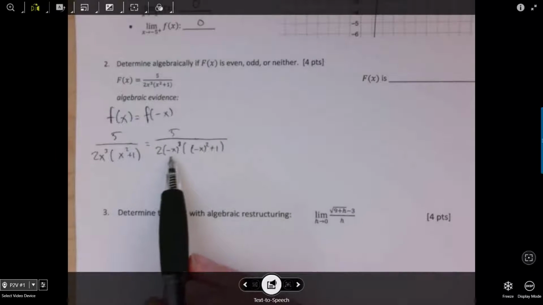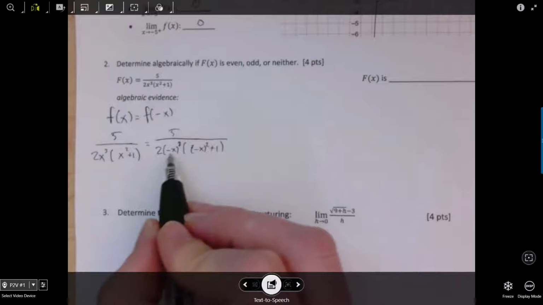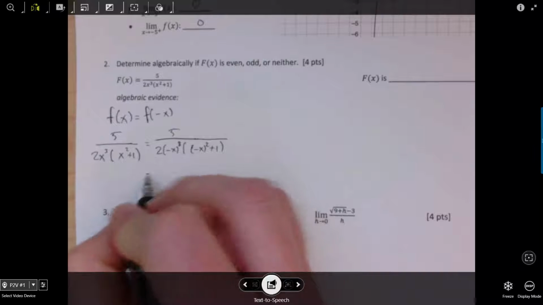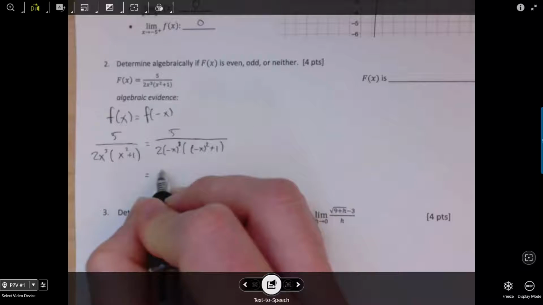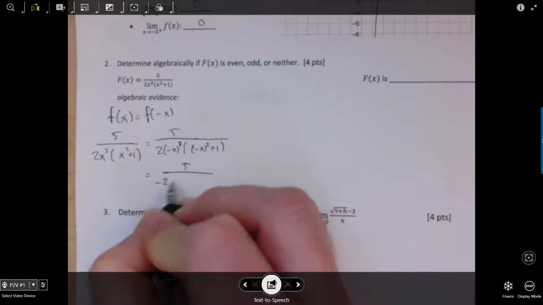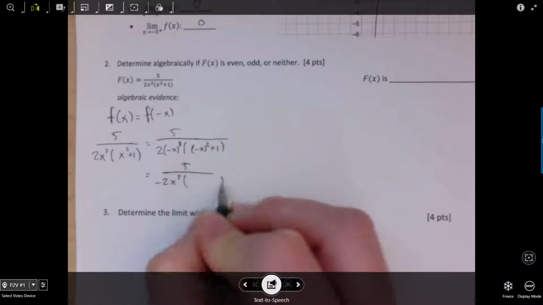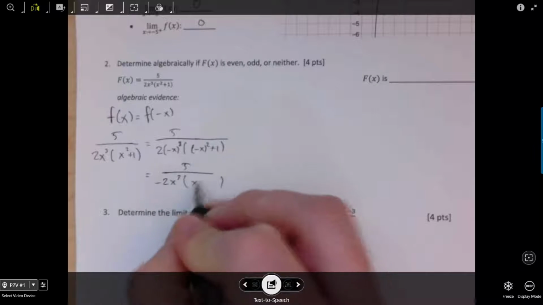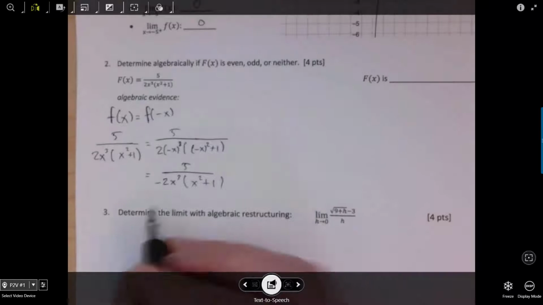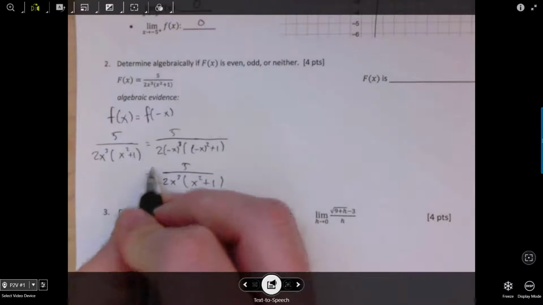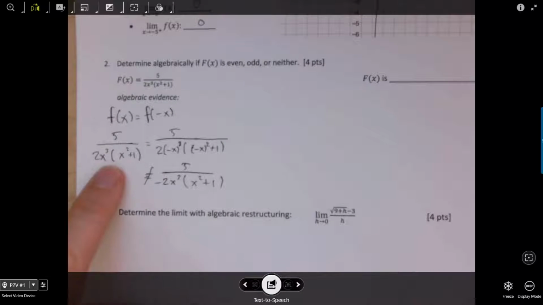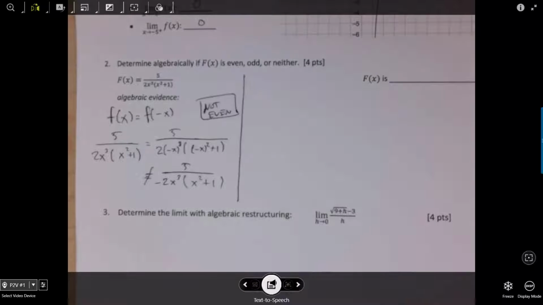If I've got -x cubed, that's 3 things that are negative being multiplied, so I can take that negative sign out, and I've got just -2x cubed. Here I've got -x squared, which is the same thing as x squared. And so I can see that these two sides now are not equal, because here I've got a positive, and here I've got the negative. So that test has told me that it is not an even function.